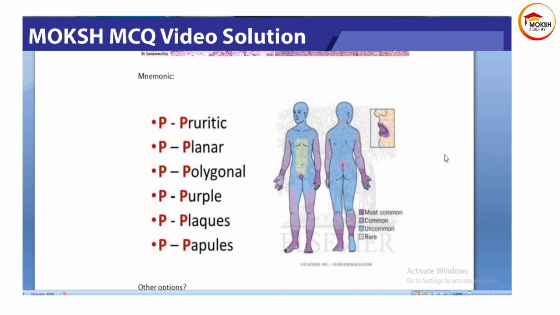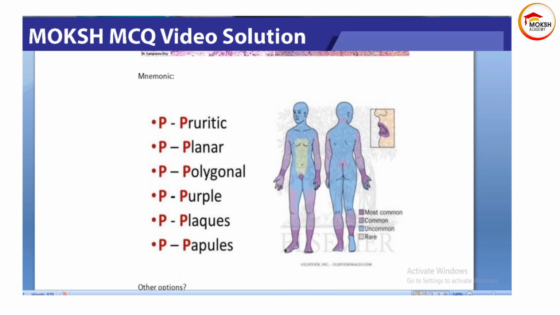But the thing is, they are patches, not plaques or papules. To differentiate between ITP and lichen planus: they are not polygonal, they are not pruritic, and they are patches, not plaques or papules.